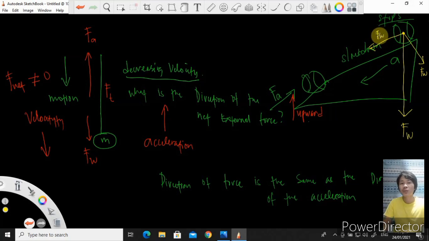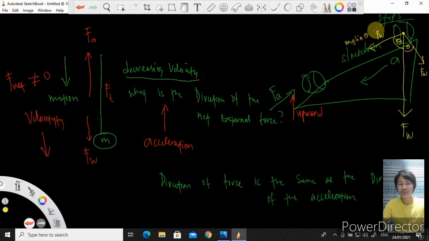Kung naalala niyo yung vector discussion natin before, this will become force of weight sine angle. Sine ng angle na to. Magkakaroon ng angle dyan, magkakaroon din dito ng another angle. Pag diniscuss natin yung weight, malalaman nyo na yung force of weight is equal to mg. So, eto magiging mg sin theta.